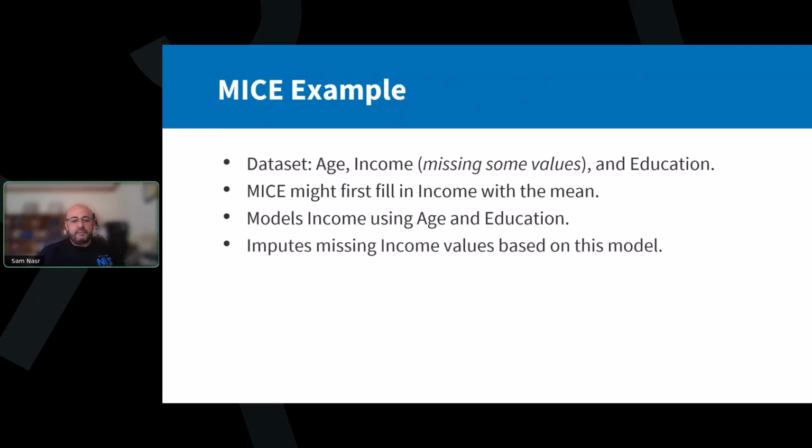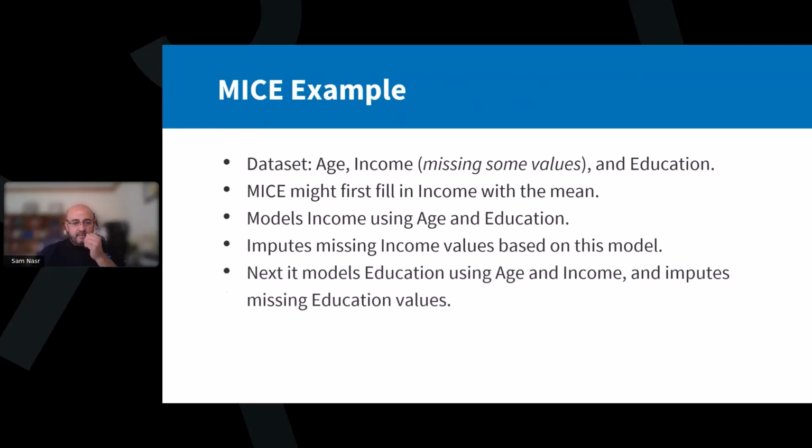So it imputes the missing income value based on the model that it developed through that multiple iteration. Afterwards, it models the education using the age and the income, and then imputes the missing education values.